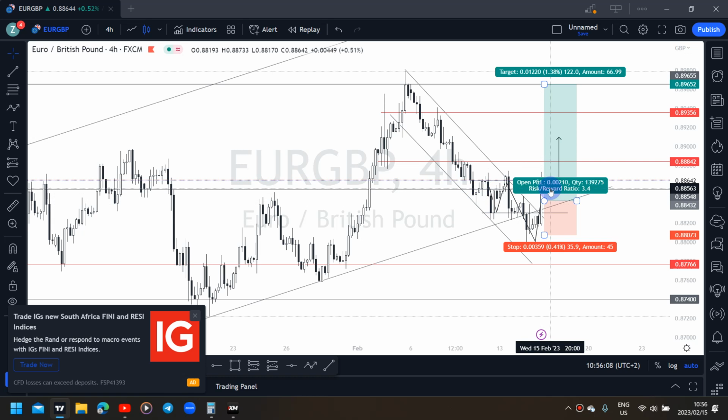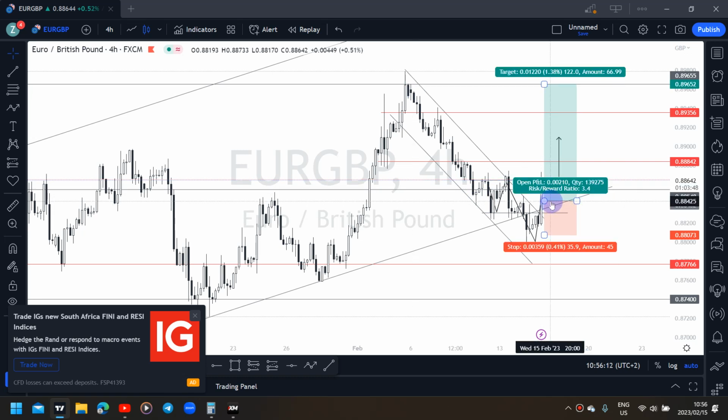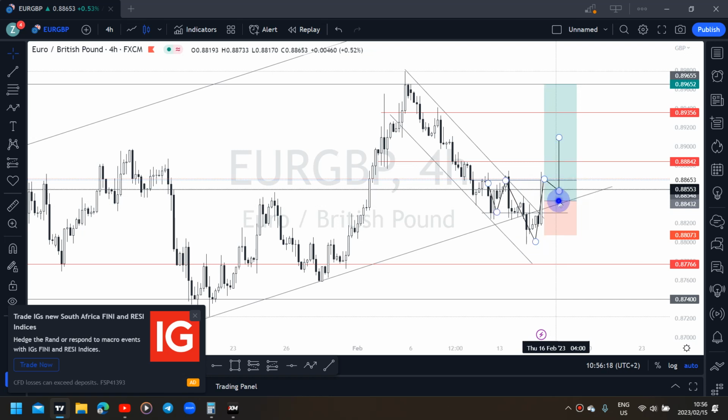That is how I would want the market to activate me with this weak rejection and just possibly shoot to the upside. So I'm looking for an activation, and then from there just capture that big move, right? So that is why I have my entry there.